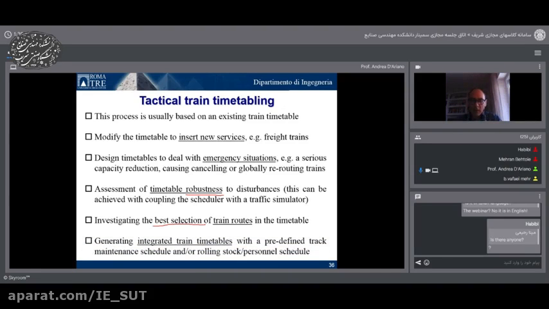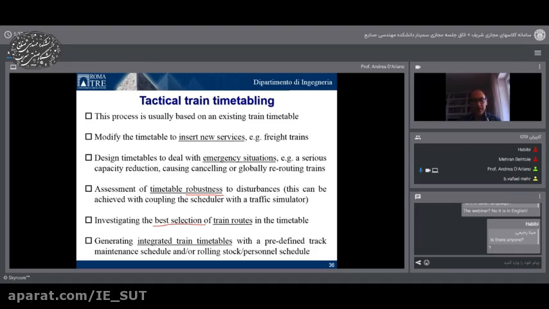Then you have other problems. Here I just discussed one item, but it's a very big world: the integration between train timetabling and other strongly connected problems. For example, I did a lot of research in computing optimal train timetables integrated with optimal maintenance scheduling.